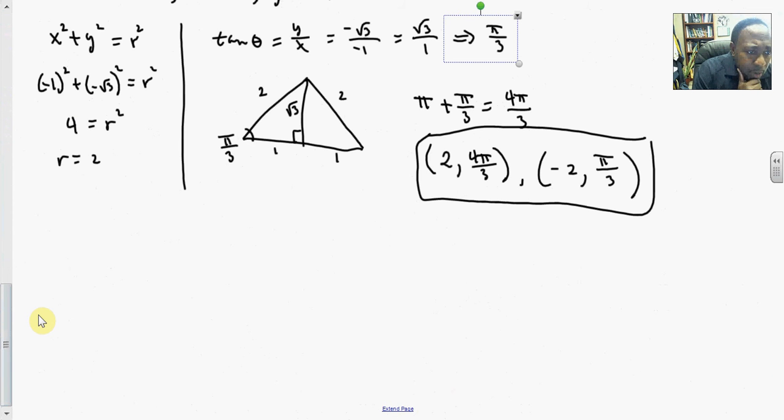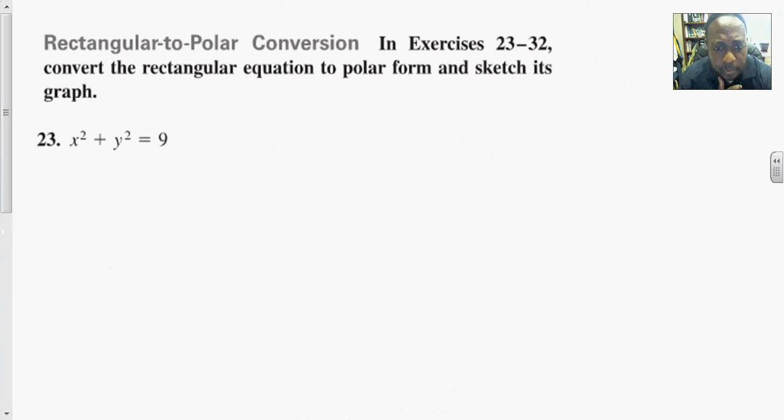So the next problem, let's see, what else do we have? Convert the rectangular equation to polar form and then sketch its graph. Well, you can go ahead and sketch right now. This is a circle with radius 3.